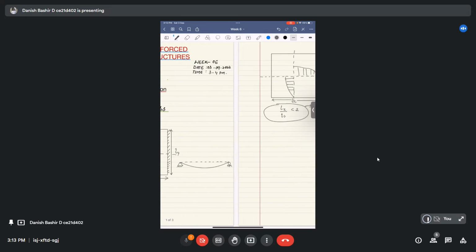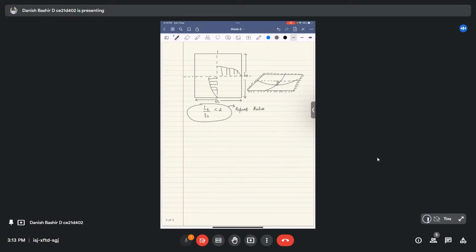But if we alter the loading or the support conditions, for example, providing supports on all four sides, two-way slab action will come into play, and we will also have to look into the aspect ratio. So when you alter the boundary conditions, you get the two-way slab action into the picture.